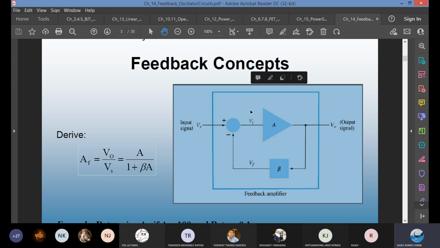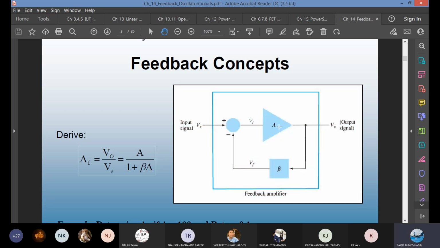This Vi goes through an amplifier. If there is no error, there will be no feedback signal here. Vs equals Vi, but normally there is an error. So based on the error, it will actually try to correct.